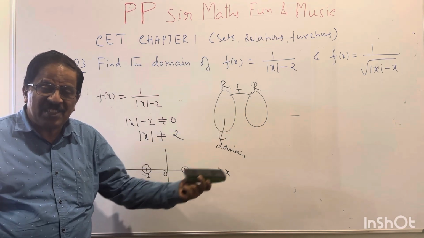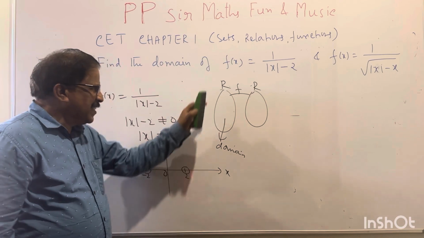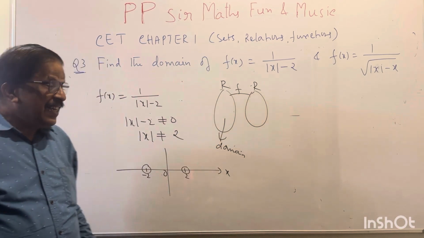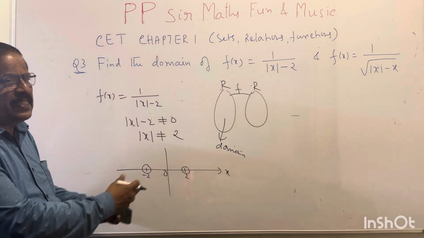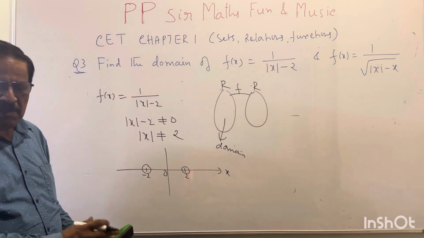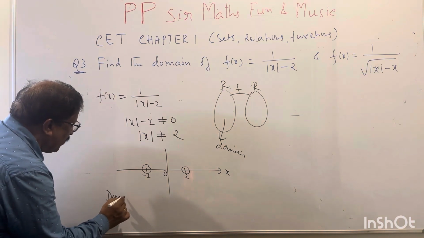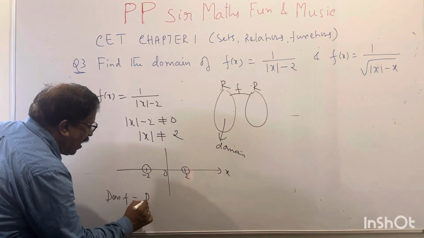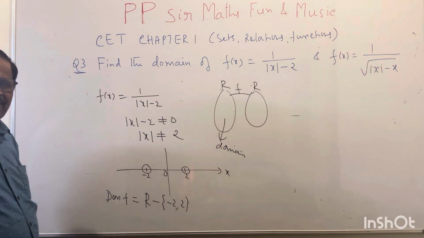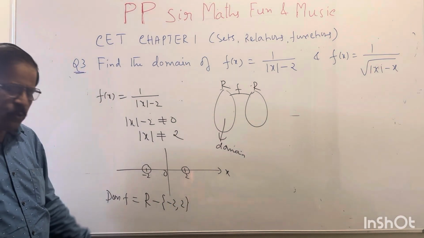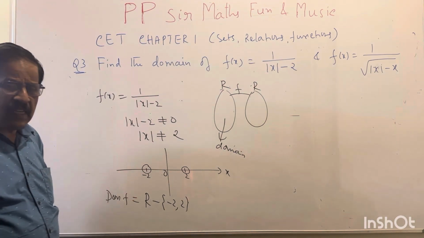If I call this function a bus, just to understand, this is a bus and these are all passengers. Then except minus 2 and 2, all other passengers can travel by this bus. Means the domain of this problem is R minus {2, minus 2}, except minus 2 and 2. This is one way of representing the domain.